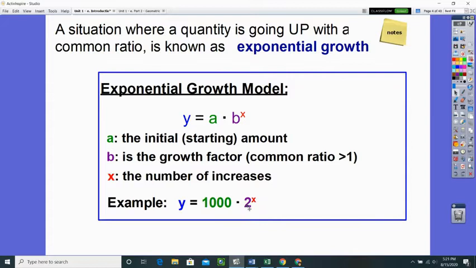If the base was 1, it equaled 1, your population is never going to go anywhere. It's not going to grow, and it's certainly not going to drop, because if this base is 1, 1 to any exponent is always 1. So if the growth factor, the common ratio, is greater than 1, your money, your population is going to go up, whatever it is. If it equals 1, it's going to stay the same.